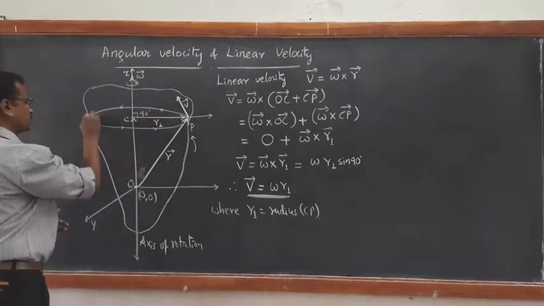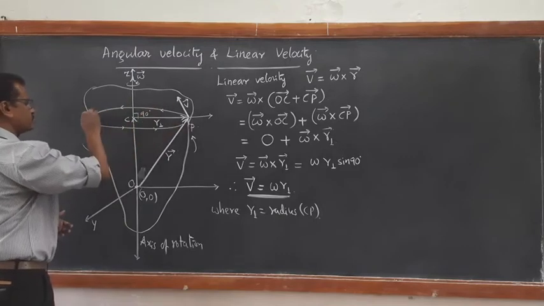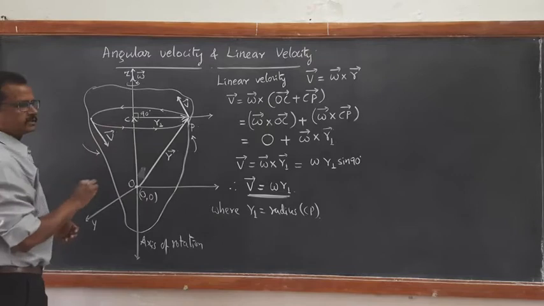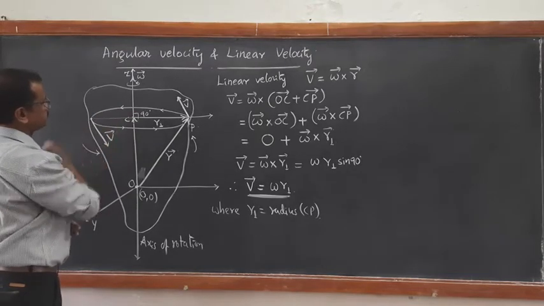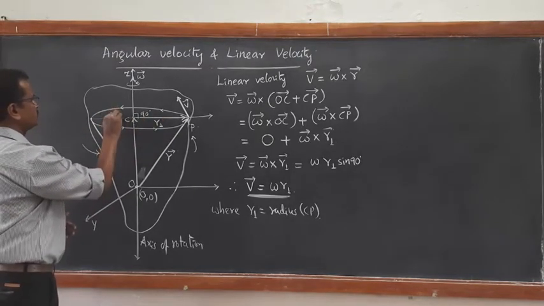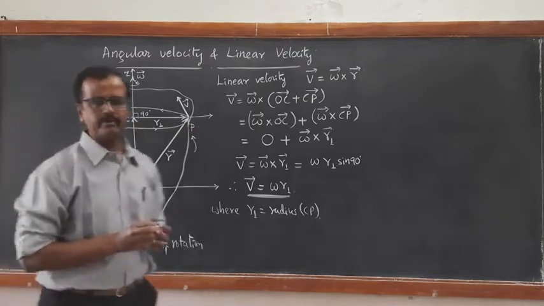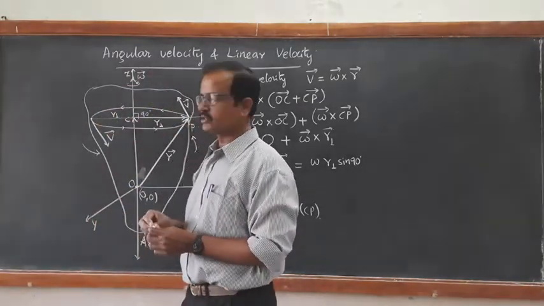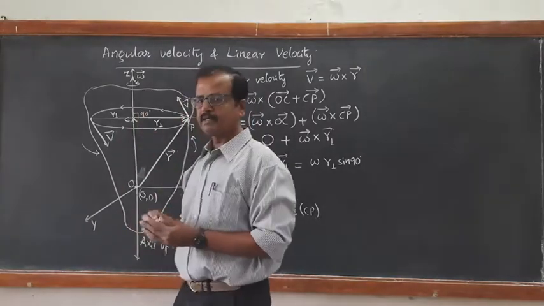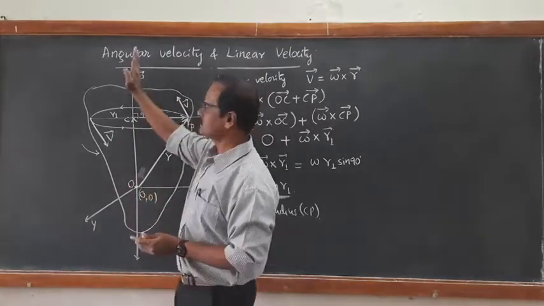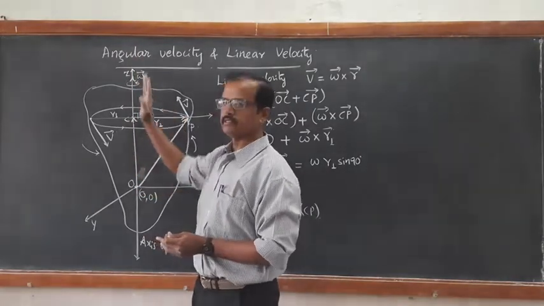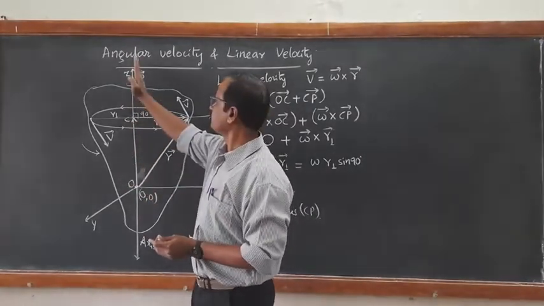When the particle comes over here, draw a tangent. So this becomes the velocity vector V, and this is now the CP vector, that is r perpendicular. In this case, how do you show that the linear velocity is tangential? That is V equals r omega. Just again, stretch your palm along the direction of omega.